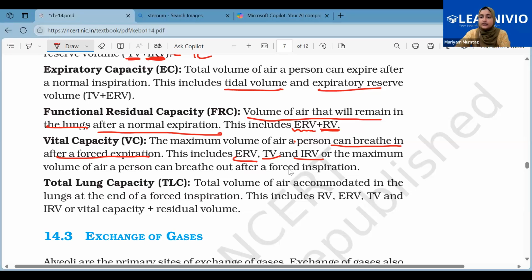That will include the amount of volume that you've breathed out forcefully. It will include the amount of volume that stays in your lungs always, and it will include the inspiratory reserve volume, the volume of air that you are capable of taking in.